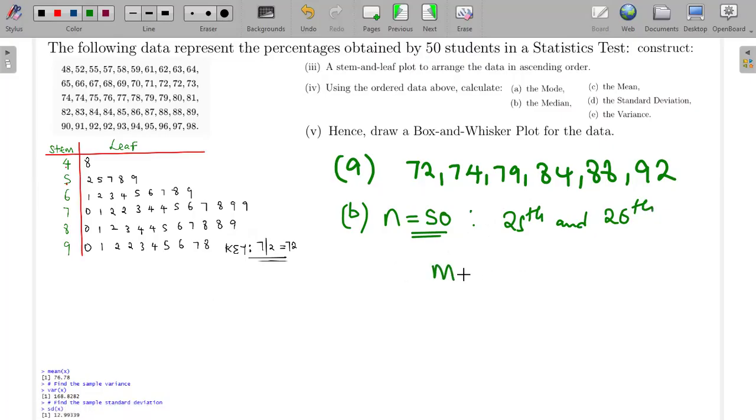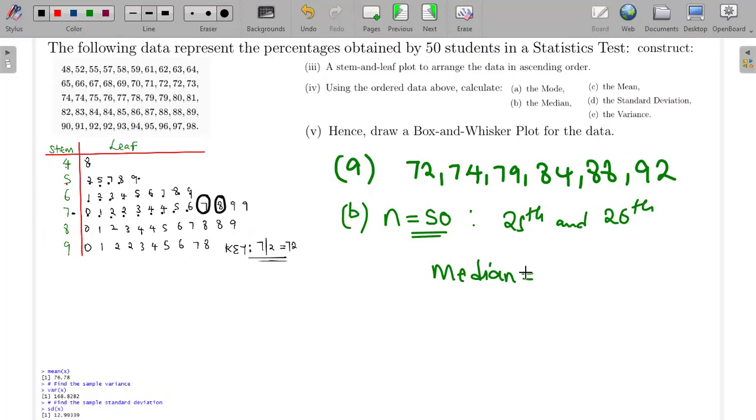Okay, so I'm going to say median is equals to, what is the 25th entry? So you just count from this stem and the leaf. Okay, so that is 1, 2, 3, 4, 5, 6, 7, 8, 9, 10, 11, 12, 13, 14, 15, 16, 17, 18, 19, 20, 21, 22, 23, 24, 25. So this is my 25, this is my 26.